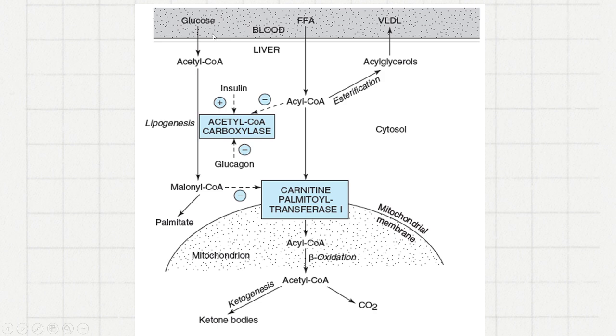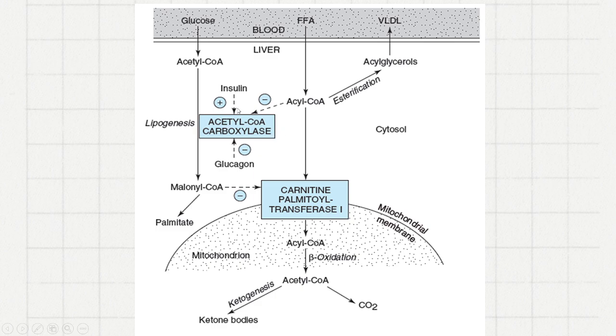This is glucose here in the fed state. It goes through glycolysis and finally to pyruvate, then formation of acetyl-CoA, because any surplus glucose will be used for fatty acid synthesis and production. This acetyl-CoA in the first step will be converted to malonyl-CoA by acetyl-CoA carboxylase to build up fatty acids, for example palmitate, as we discussed in the previous lecture.